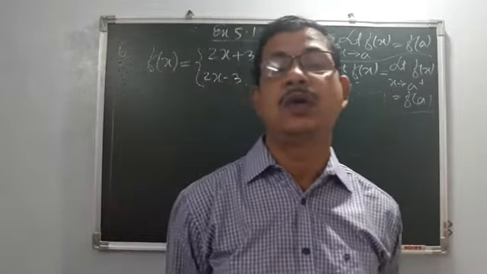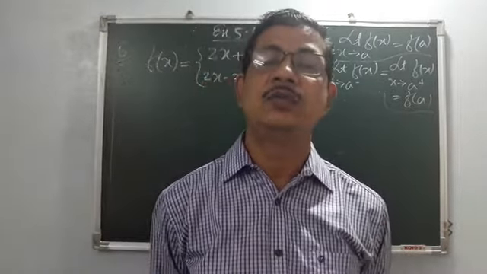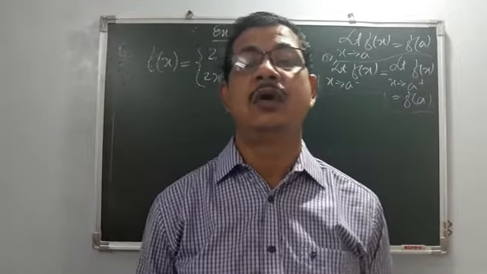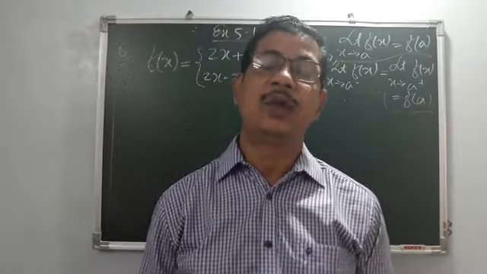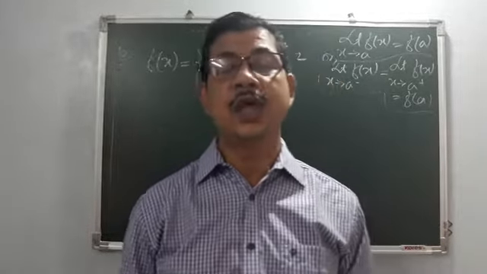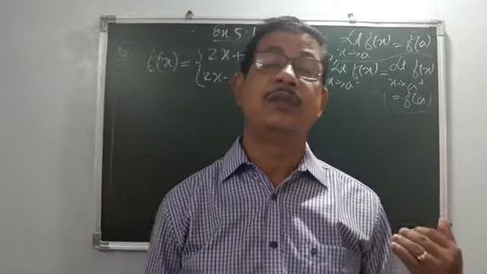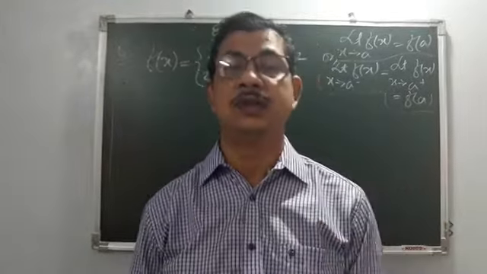That is 2x squared plus 5x plus 5, or x to the power 100 plus y to the power 99 plus z to the power 10 plus 7. This type of polynomial is always continuous, whatever be the range.